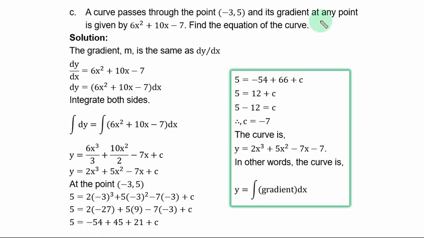Question 7c. A curve passes through the point (-3, 5) and its gradient at any point is given by 6s squared plus 10s minus 7. Find the equation of the curve.